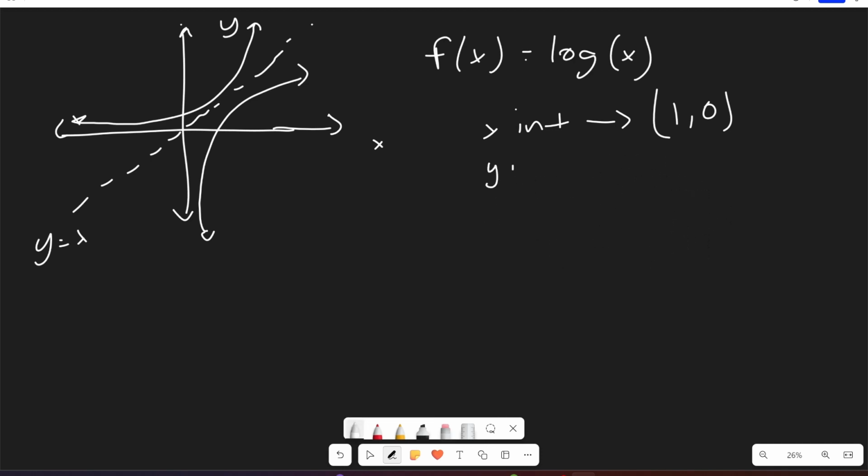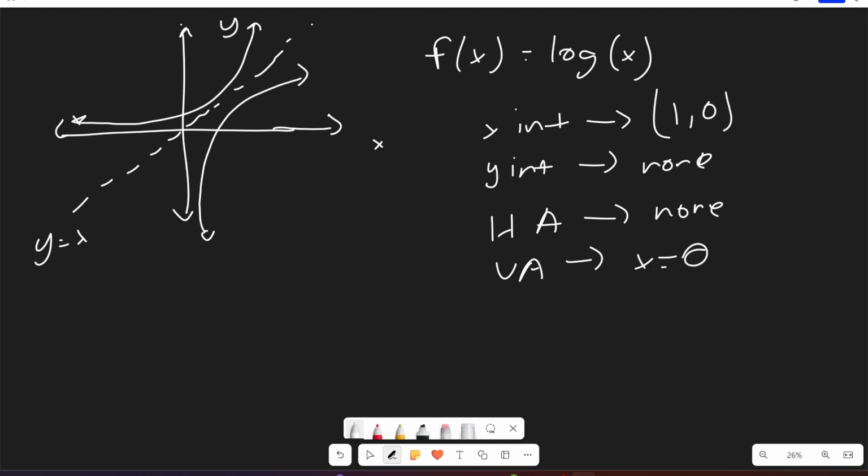For the y-intercept, there is none. We also have no horizontal asymptote. So our range is all real numbers, but our domain is restricted because we do have a vertical asymptote at x equals 0.